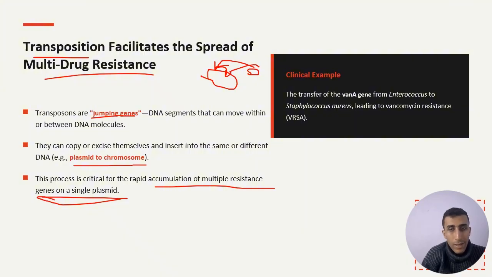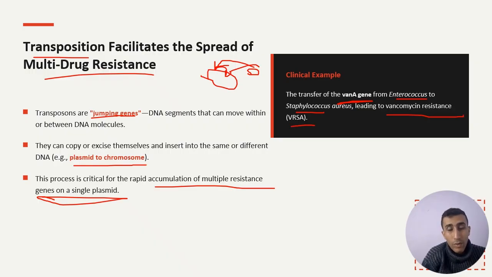A clinical example is the transfer of the VAN-A gene from Enterococcus to Staph aureus, which is how we got vancomycin-resistant Staph aureus.